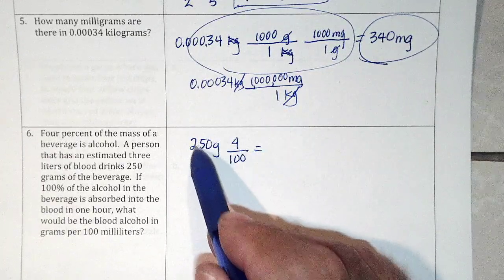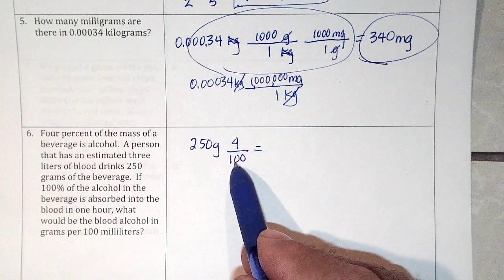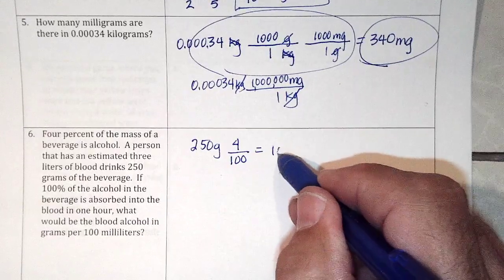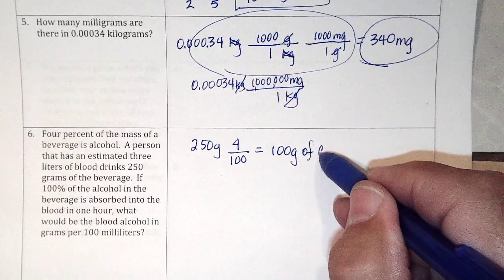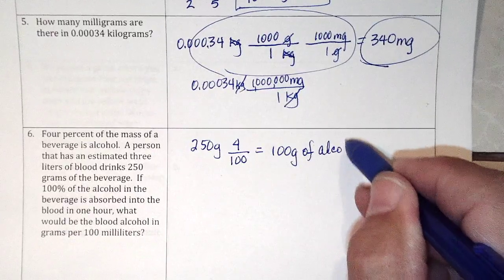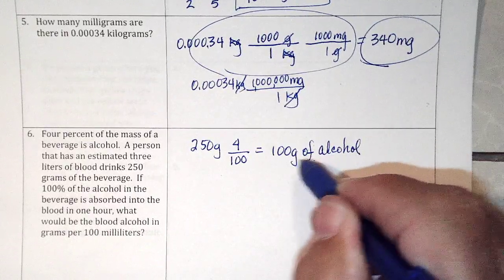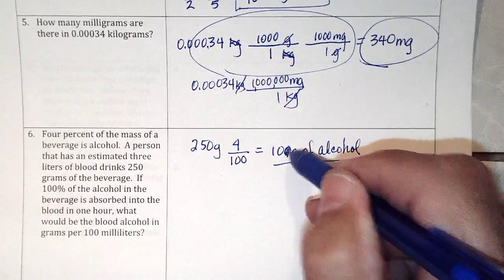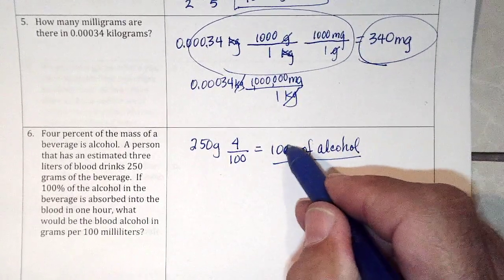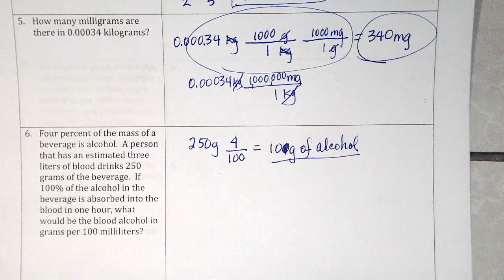So I take this times 4 and divide it by 100. That comes out to be 10 grams. I said 10 and wrote 100. 10 grams of alcohol.